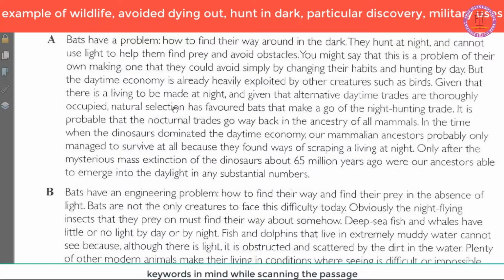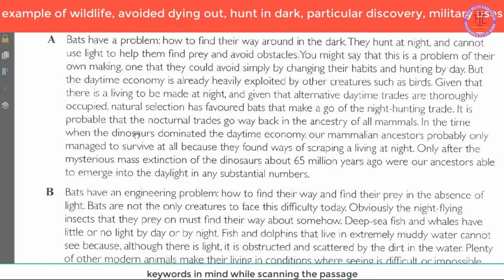Okay, given that there is a living to be made at night, and given that alternative daytime trades are thoroughly occupied, natural selection has favored bats that make a go of the night hunting trade.